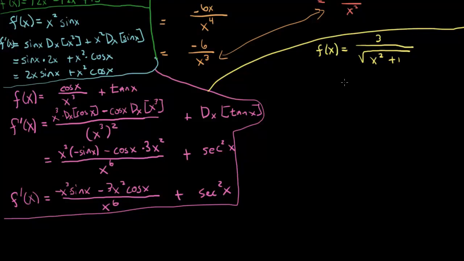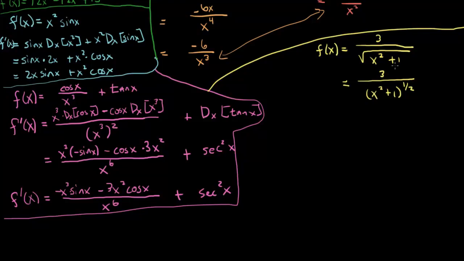First of all, when you have radicals, for at least right now, it's a good idea to immediately think about fractional exponents, because the square root of x squared plus 1 is the same thing as raising to the 1/2 power. When you're dealing with derivatives, that's probably what you want to think of always.